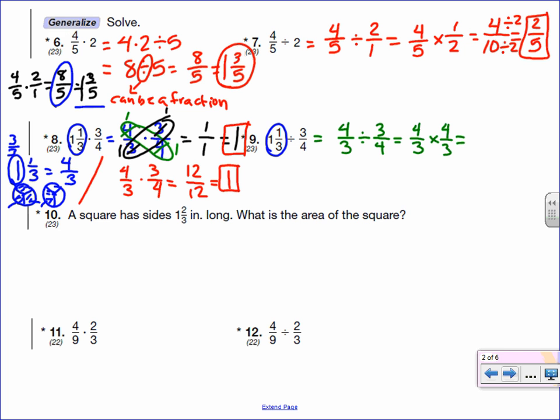So 4 times 4 is 16. 3 times 3 is 9. And then 16 over 9, well, 16 minus 9 is 7. So I have 1 whole from 9/9, and then I have 7 left over. So this is from 9/9, and 9/9 and 7/9 would be 16/9.